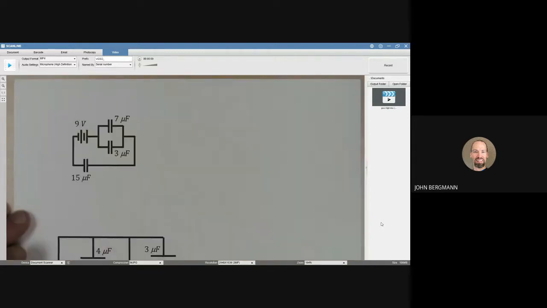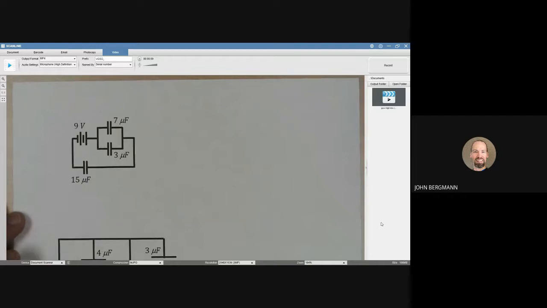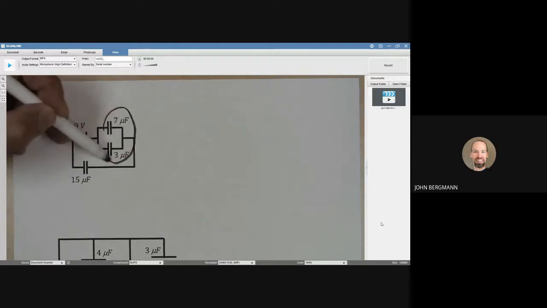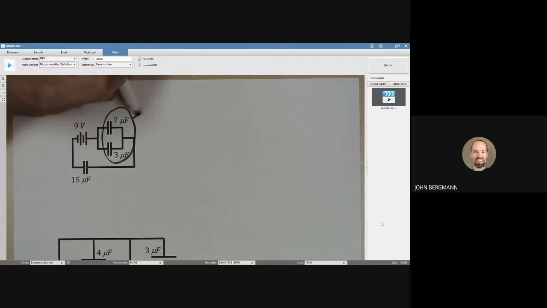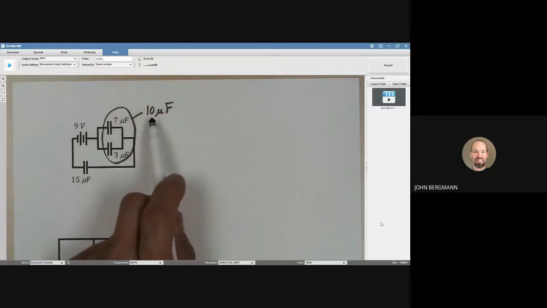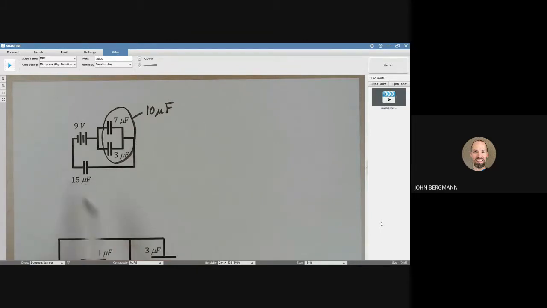Let's try a couple more. How about this one? Again, we need to first pretend that we're going to tear out those two. And when we tear those out and put one in their place, wouldn't it be a 10 microfarad capacitor? Because those two are in parallel with each other. Now, that imaginary 10, look at the circuit, is in series with this 15.